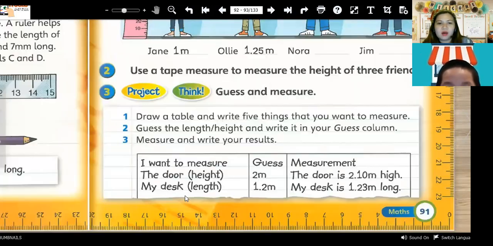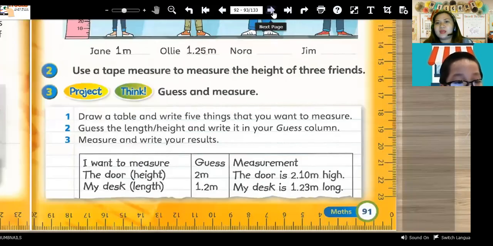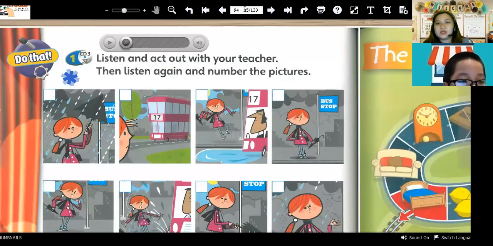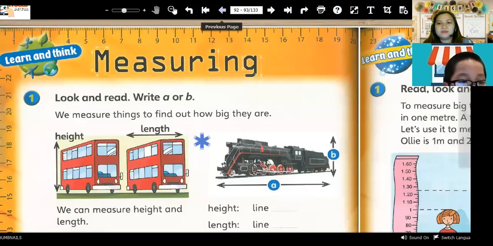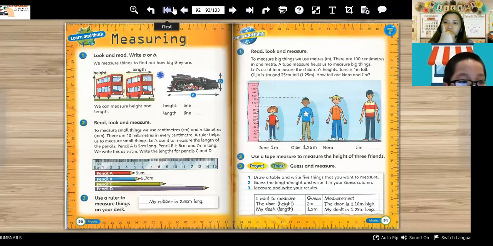Since it's almost time, that will be your homework on Wednesday, and we will check your homework on Wednesday, and then after that, we will continue with your lesson. Clear or do you have question again?